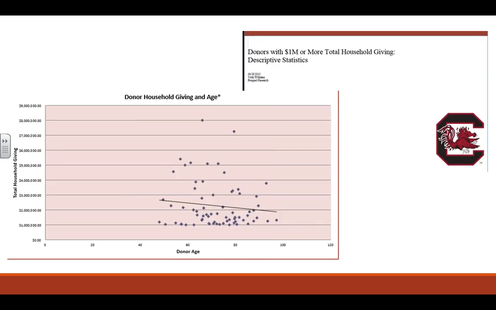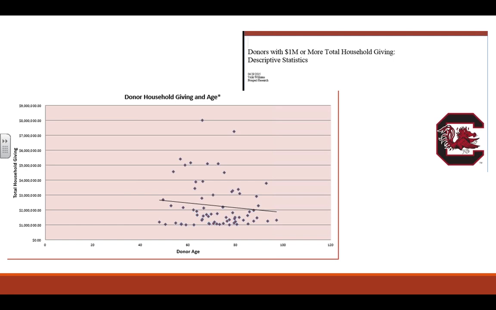So one of the ones that we're looking at right now, and this was a descriptive analysis that we did, was our VP of development wanted to know who were our $1 million donors in the campaign at that point in time, which was this past, she actually asked us to start this last December. So who were our $1 million donors, cumulative giving to the institution, and where did they give their money? And can we see a pattern where we can anticipate when it would be a good time to ask them for a gift again?